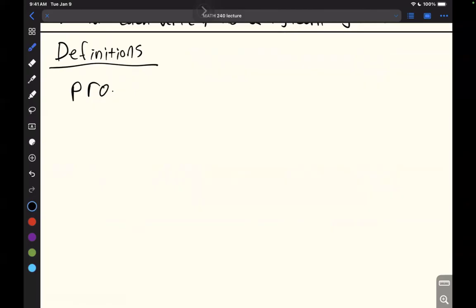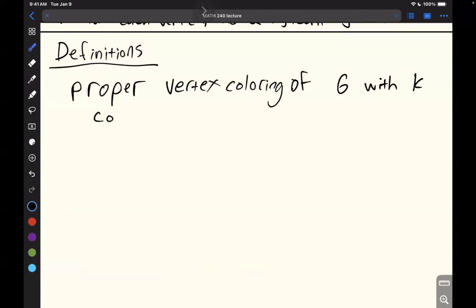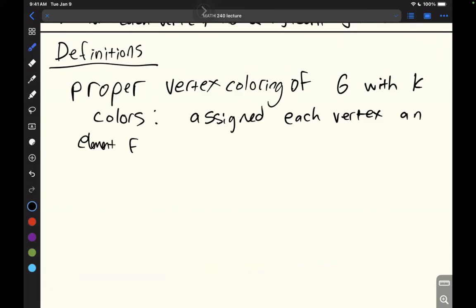And so we can say that a vertex coloring of G, where we used K colors, is proper if we have assigned each vertex a color, and if vertices are adjacent, they can't get the same color.